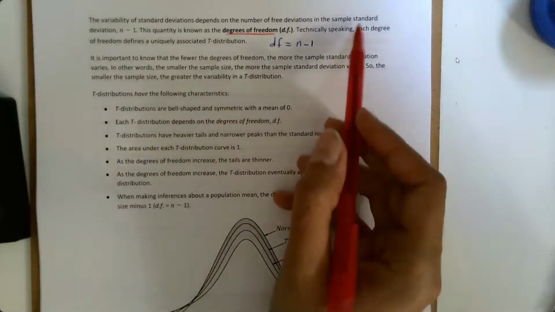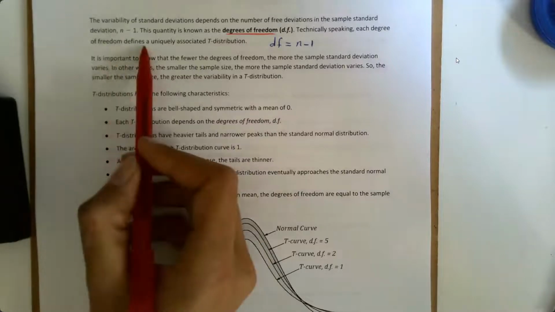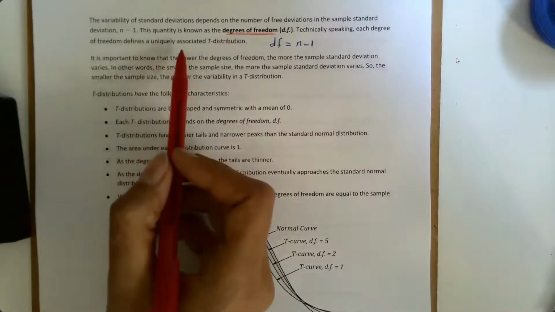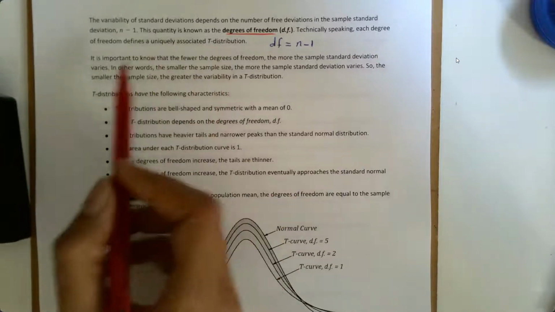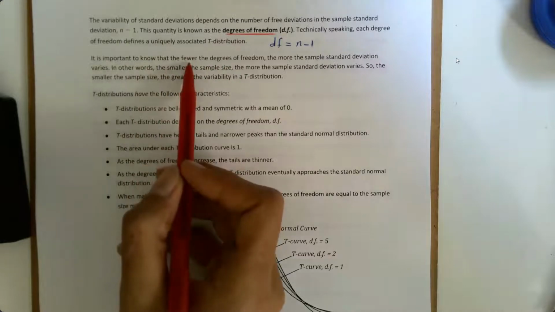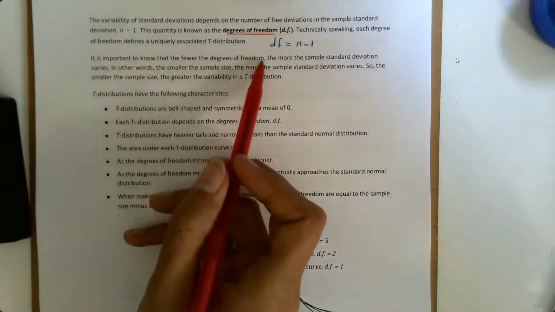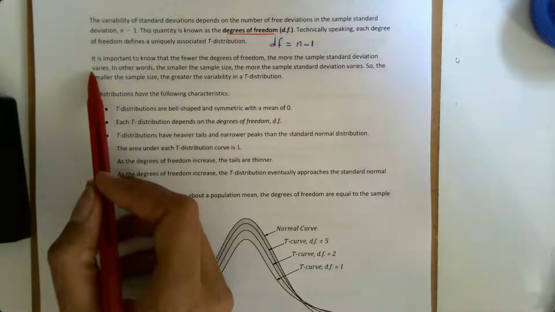Technically speaking, each degree of freedom defines a uniquely associated t-distribution. It is important to know that the fewer the degrees of freedom, the more the sample standard deviation varies.